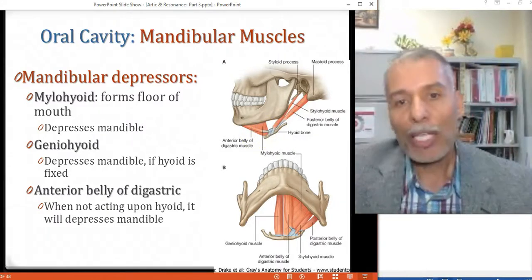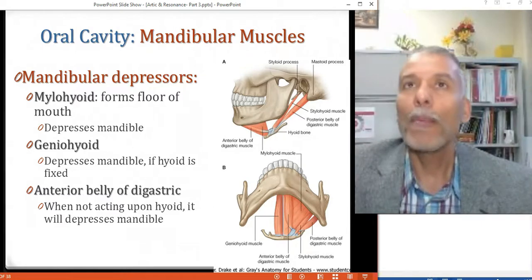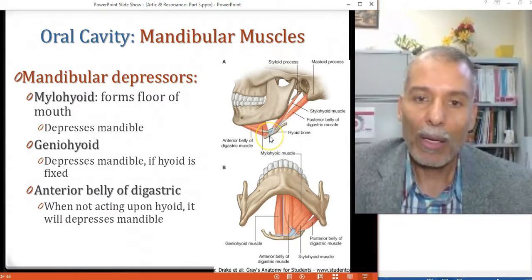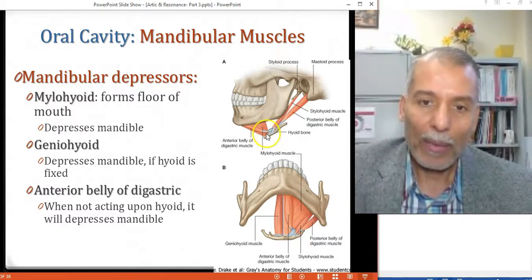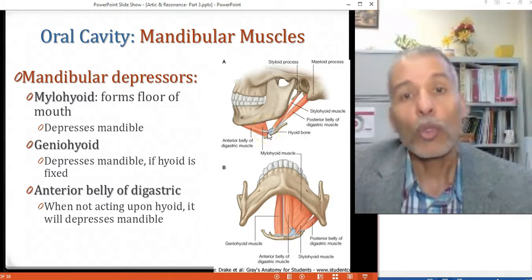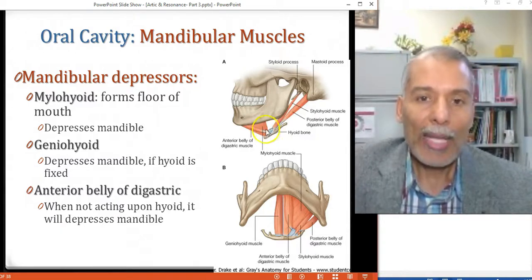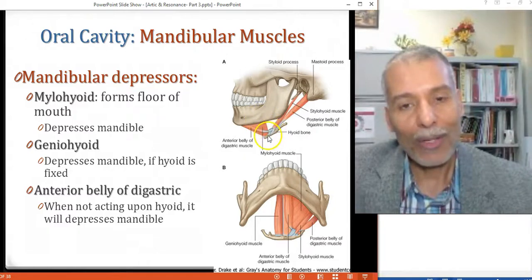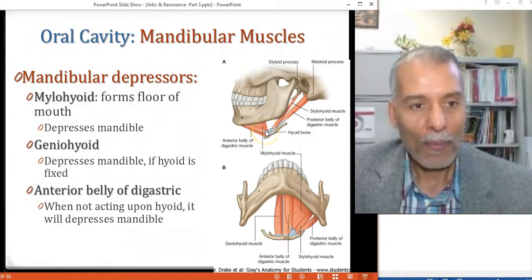And you can imagine now, previously we said this muscle can elevate the hyoid bone for phonation or swallowing. And now we know that it can actually do another function. If you fixate the hyoid attachment, then you can bring down the jaw.